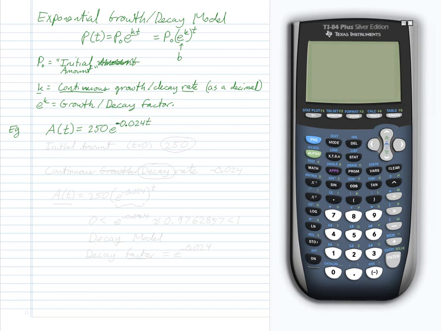So identifying the pieces is as simple as picking out their location in the function. Our initial amount would be the amount that we would calculate if we allowed t to be 0. But we don't need to do that much work. We know whenever we do that the exponential portion of our function becomes 1, and we just get the constant multiplier out front.